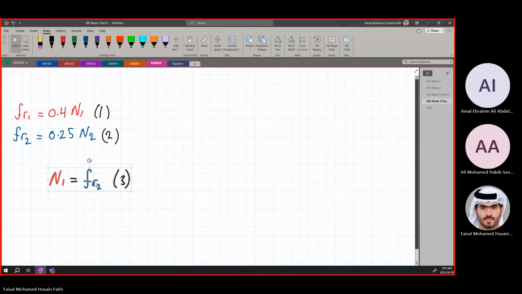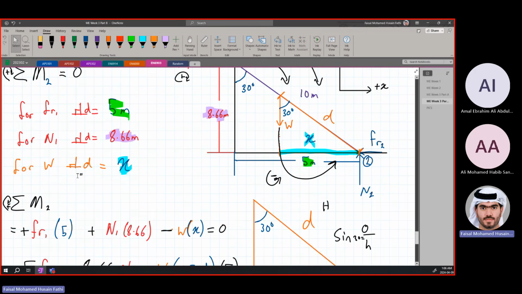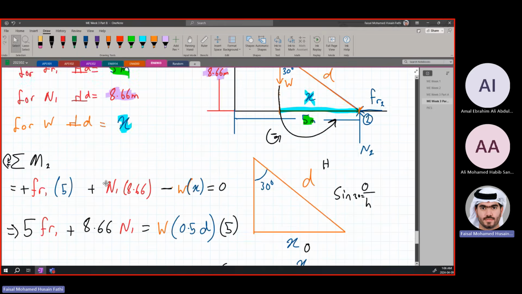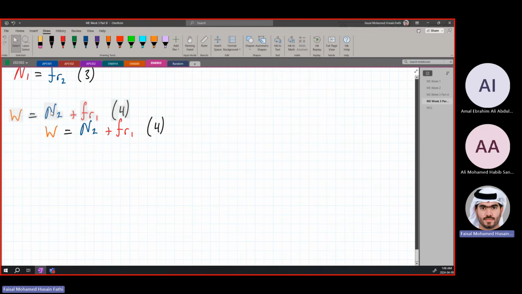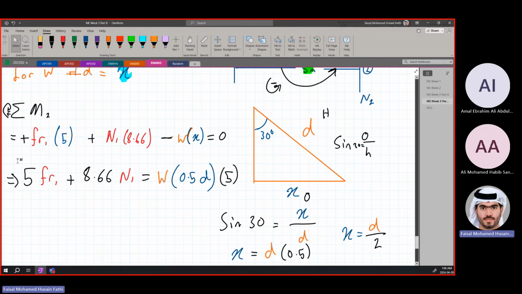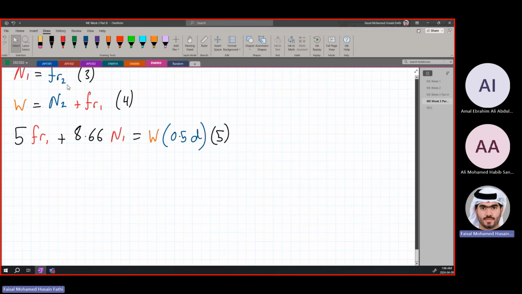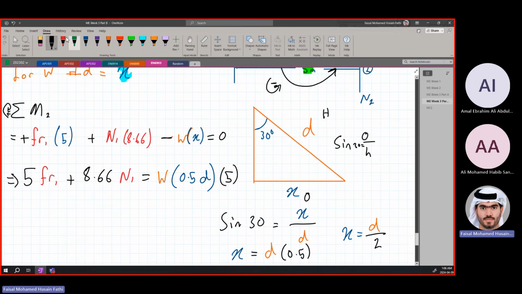Then we have our fourth equation, which is W involved. And lastly, we have the moment equation that we found here. This is equation number 5. Don't get confused. This is not times 5. I'm just numbering the equation 5. Let me just clarify that here as well. This is not times 5. We're calling this equation number 5.